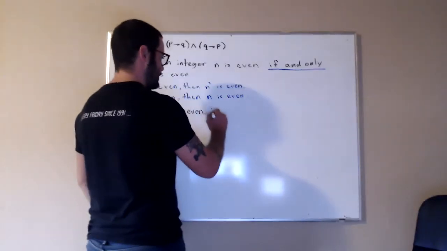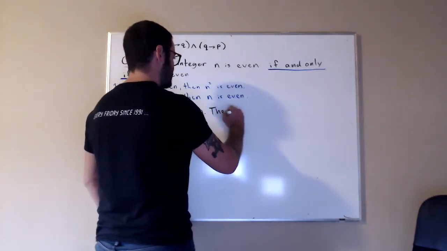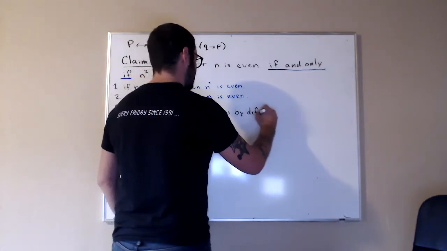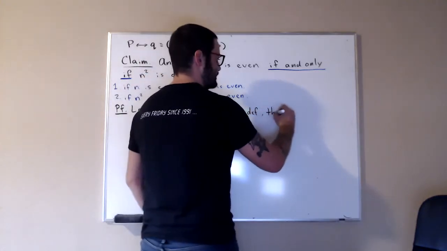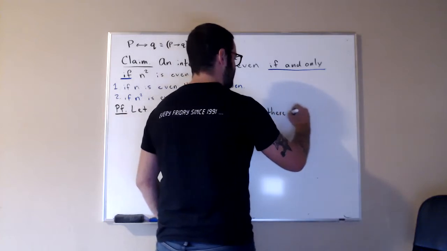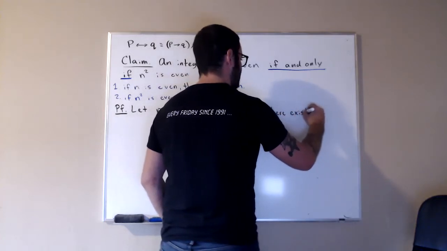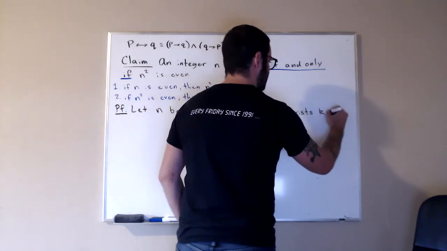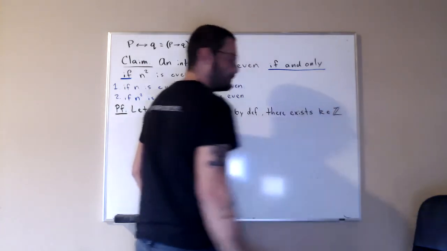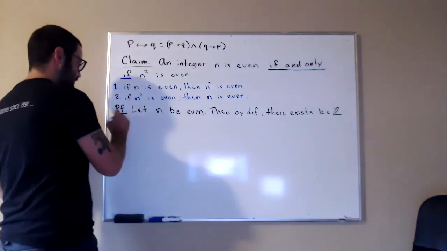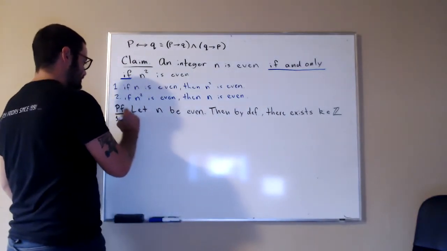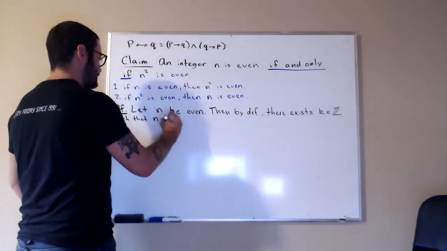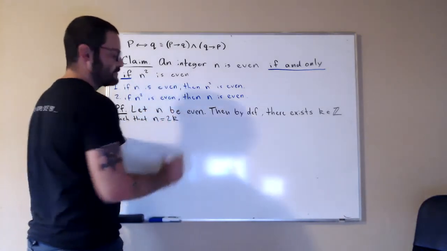So we can say, then, by definition, there exists an integer k such that n is equal to 2 times k.